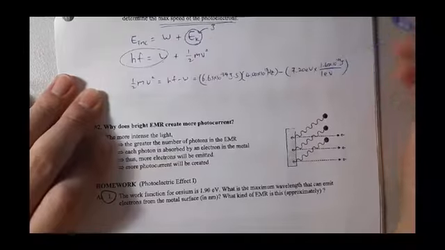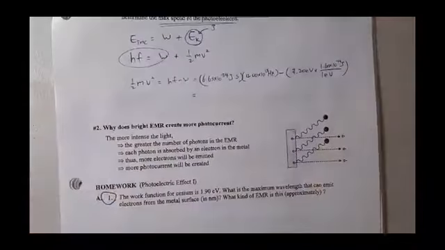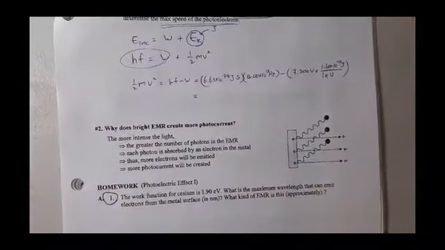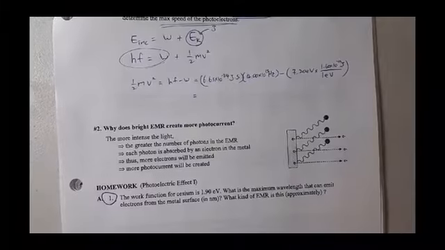I just use a simple ratio to figure out the conversion of 7.20 eV into joule.